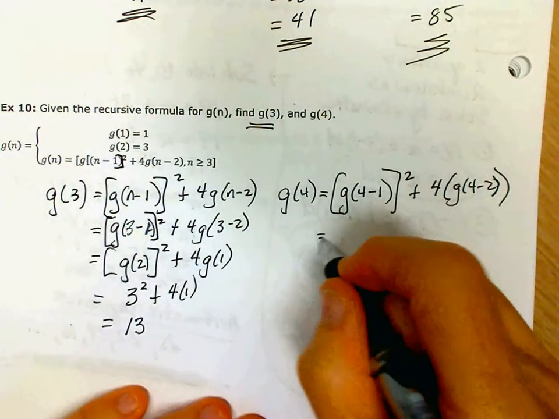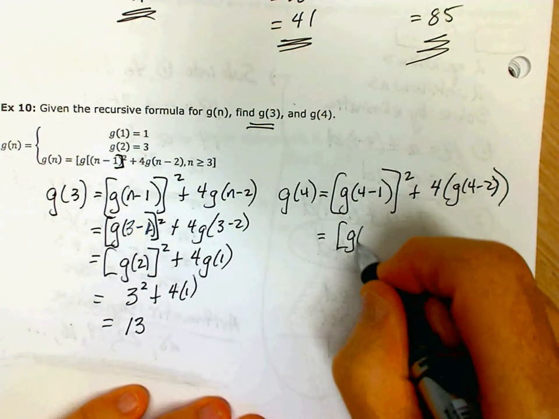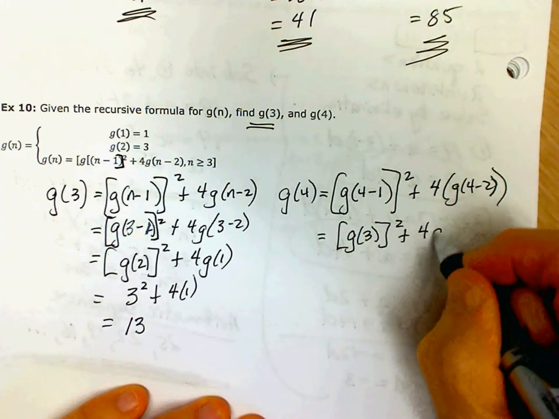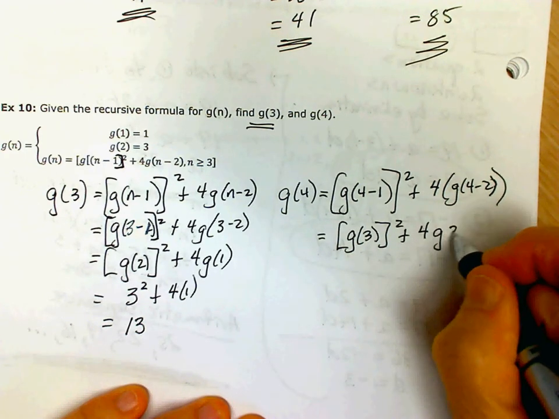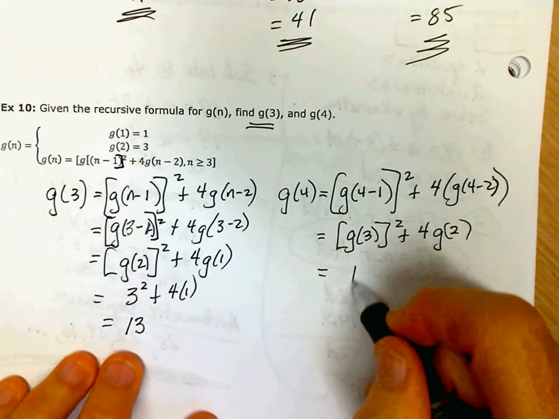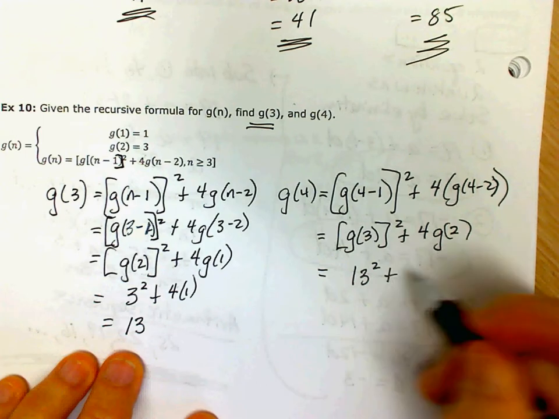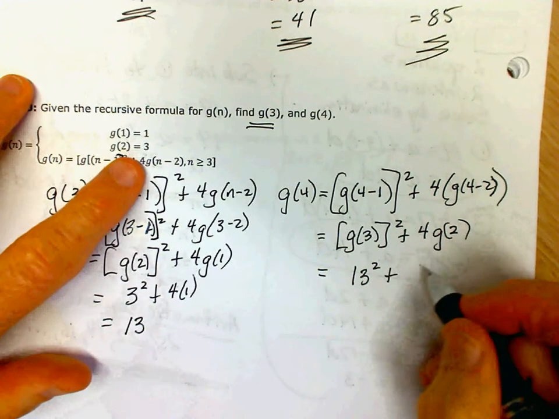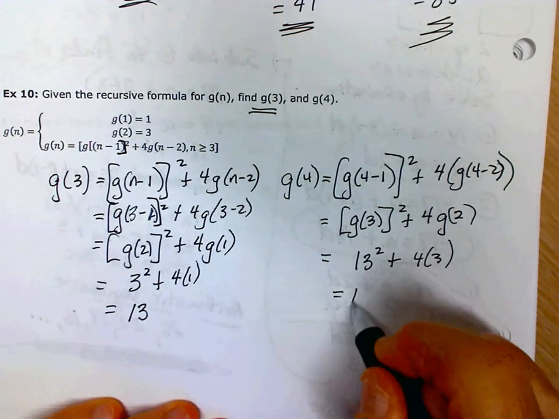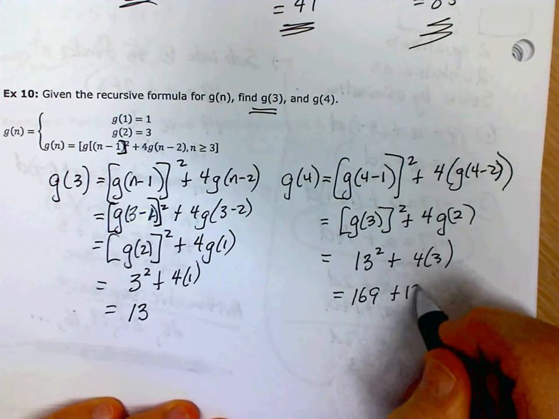So we want g of 3 squared plus 4 times g of 2. So we know g of 3 is 13, and g of 2 is 3. So that is equal to 169 plus 12. That equals 181.